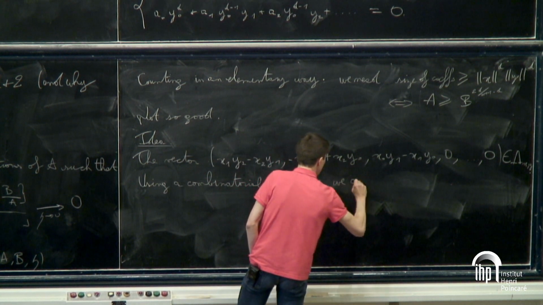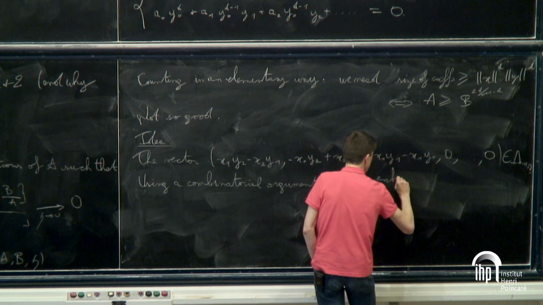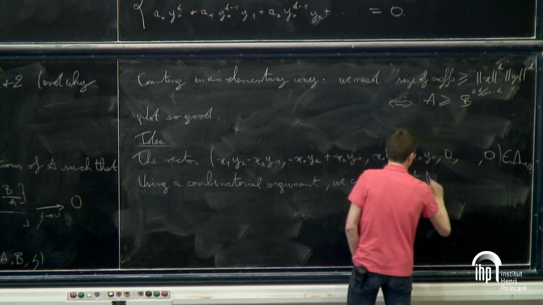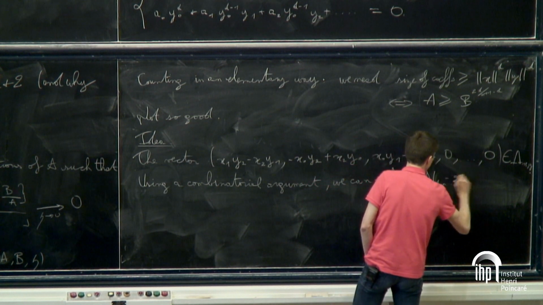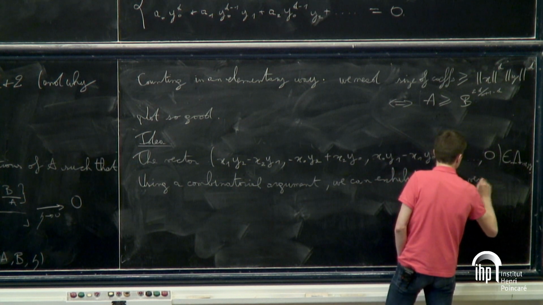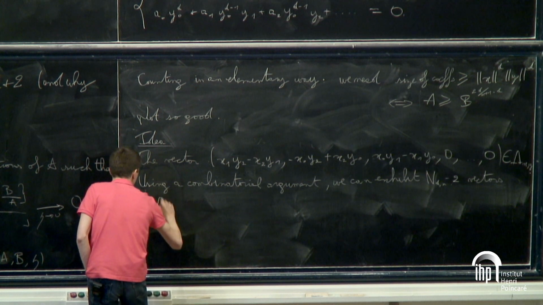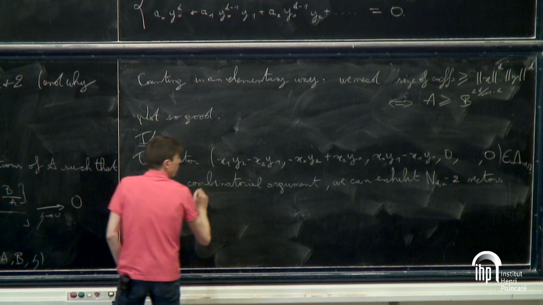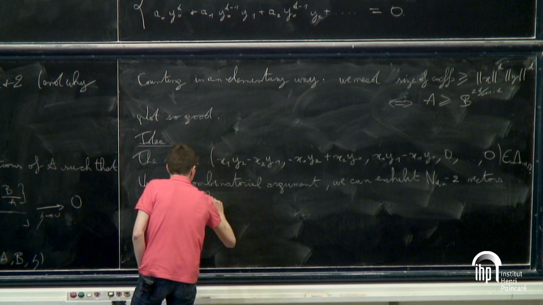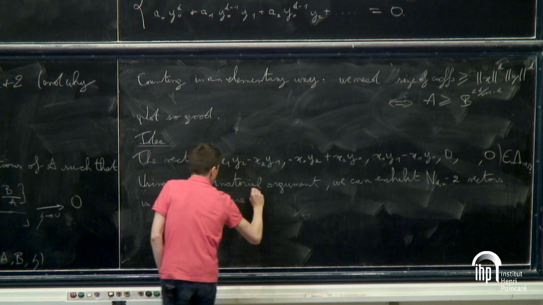We can exhibit N_d,n minus 2 vectors in our lattice Lambda xy which are linearly independent.